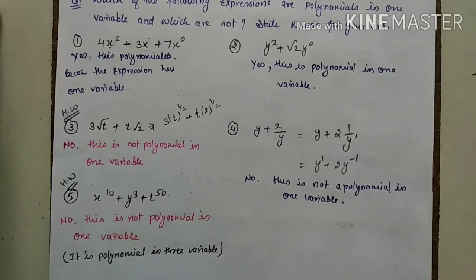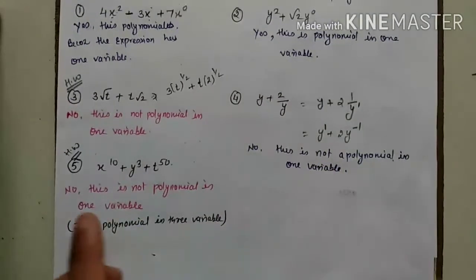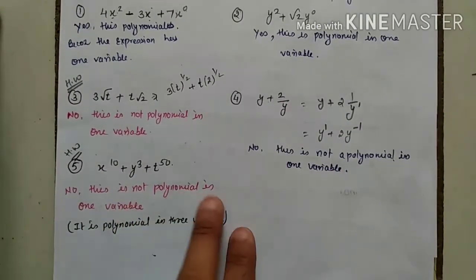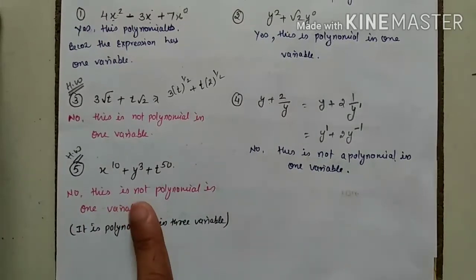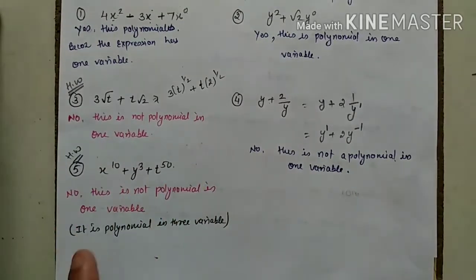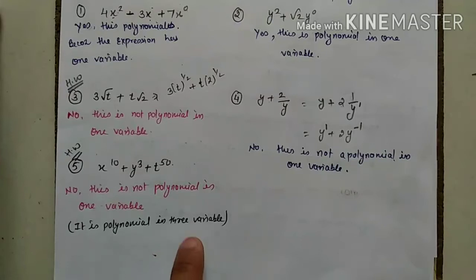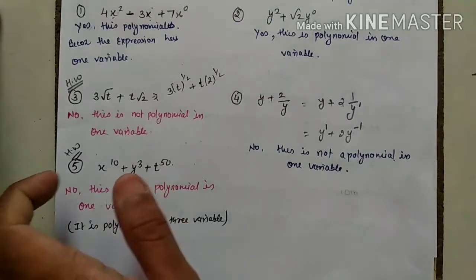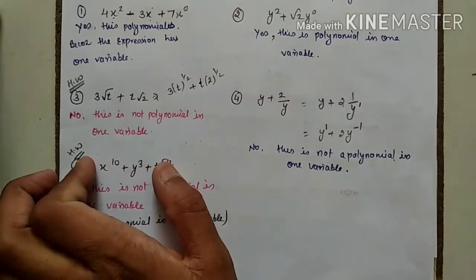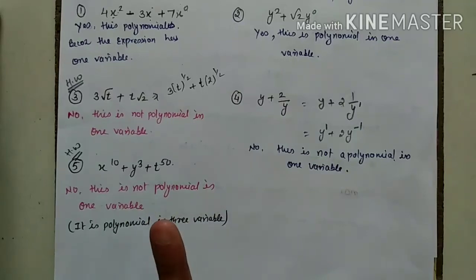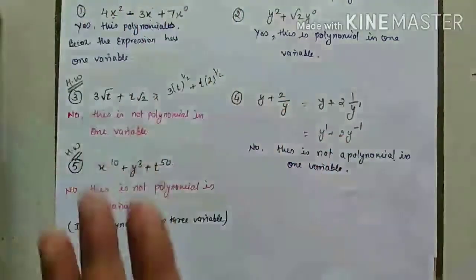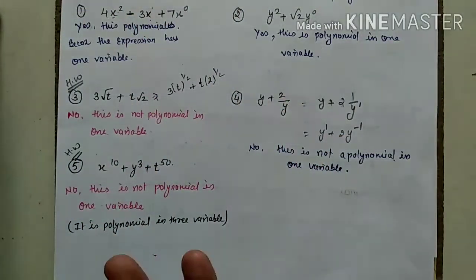Then also this is a polynomial, but it is not a polynomial in one variable. It is a polynomial in 3 variables. So this expression can be called a polynomial, but we cannot say it is in one variable. That's why for the question it is false. It is a no. Okay.